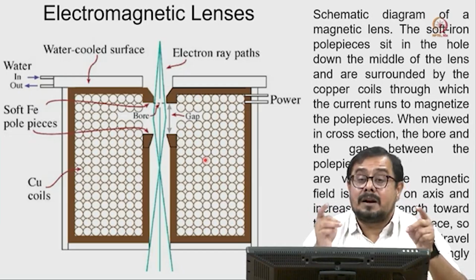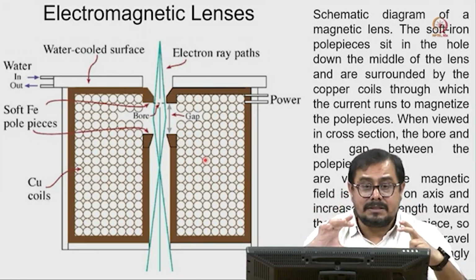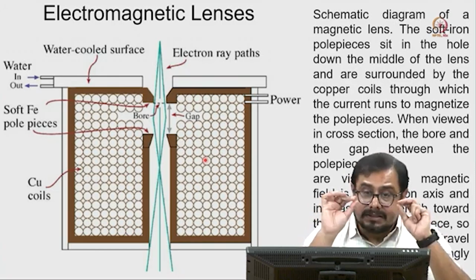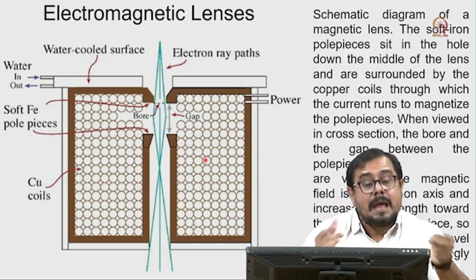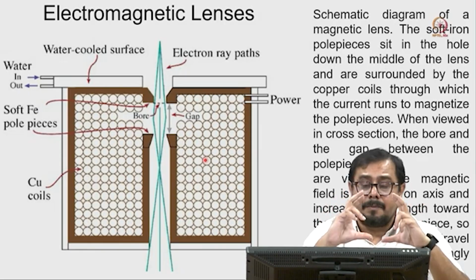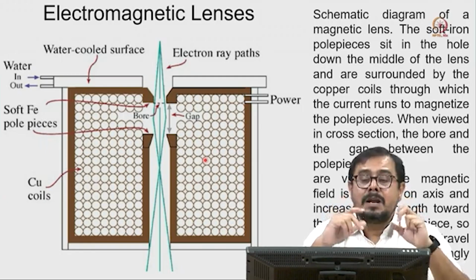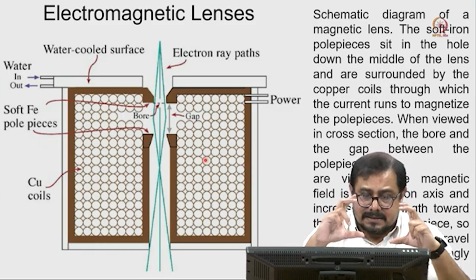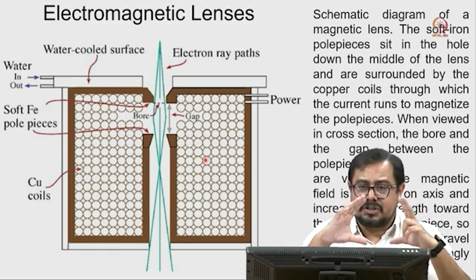Any lens is a combination of an electromagnetic lens, a stigmator, a deflector, and an aperture. So these four components are very important: the electromagnetic lens, deflector, stigmator and the aperture.